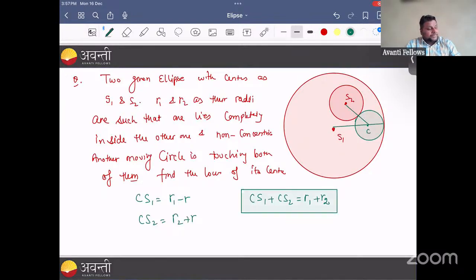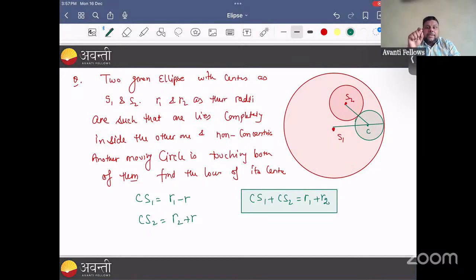Now listen to me very carefully. That means there is a point C. Forget the circle now. There is a point C which is moving in such a way that the sum of its distances from two fixed points S1 and S2 is always constant.